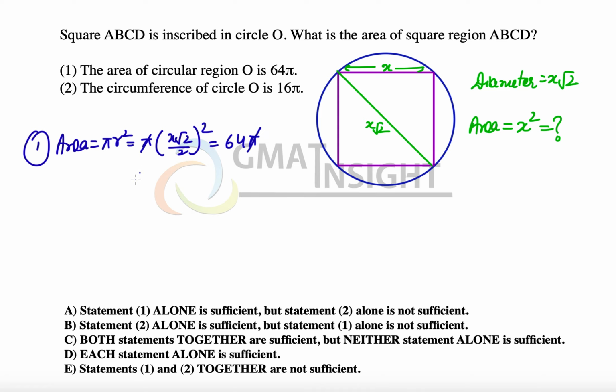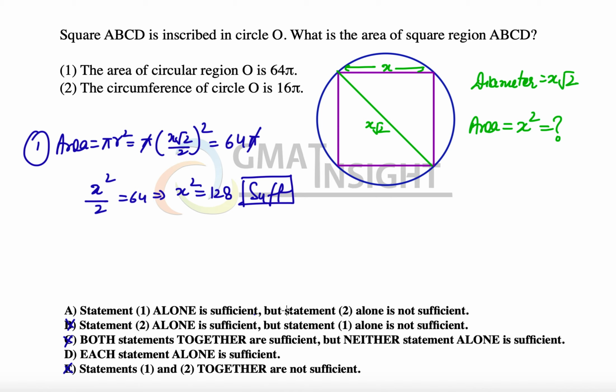Now we can simplify this, and the simplification will give us the exact value of x that we need, because if we simplify this, we have x squared divided by 2 is equal to 64, which gives us x squared is equal to 128. We wanted to find x squared, we have x squared, so the first statement alone is sufficient to answer.